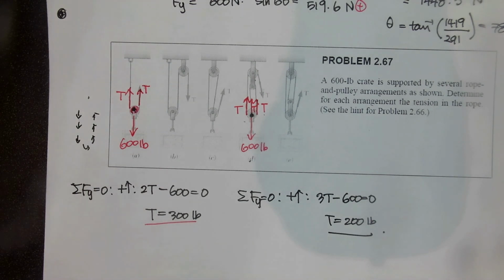So I mentioned that we have freedom to choose any point to set up the equilibrium equation. We can choose this point, or this point. Then if we chose this point, then we must include this force T here. But this force is not part of this one. This force is not acting directly on this bottom pulley, right?